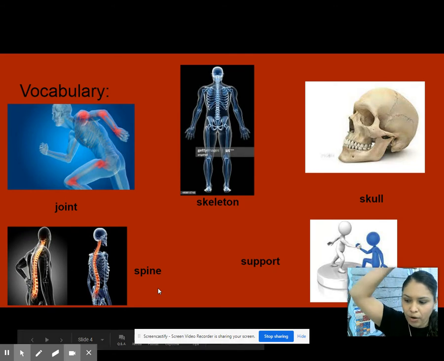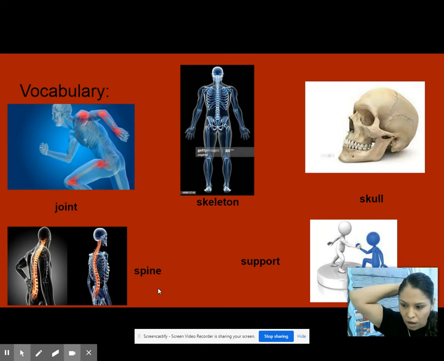It's the bone that connects our skull all the way to our legs. This one right here, that's the spine. The skull is what we have inside our head, what is hard right here. Touch your skull. Do you feel it? It's too hard. And then support. Support is like when you're helping others.